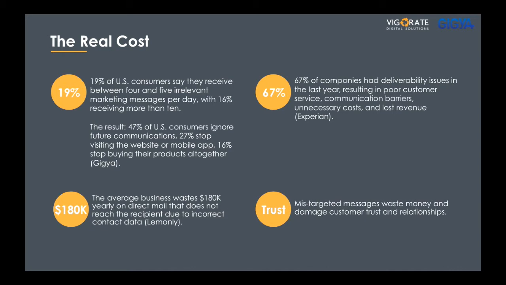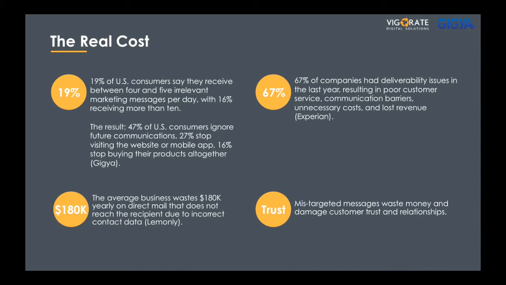Inaccuracies in contact information alone resulted in missed marketing opportunities and wasted spend. The average business wastes $180,000 each year on direct mail that doesn't even reach the recipient due to incorrect contact information. And 67% of companies had deliverability issues this past year, resulting in poor customer service, communication barriers, unnecessary costs, and overall lost revenue.